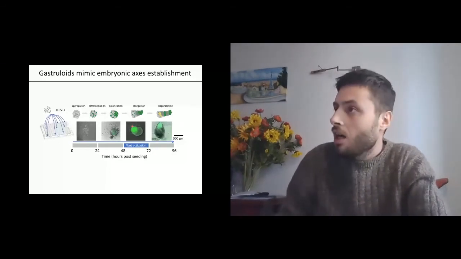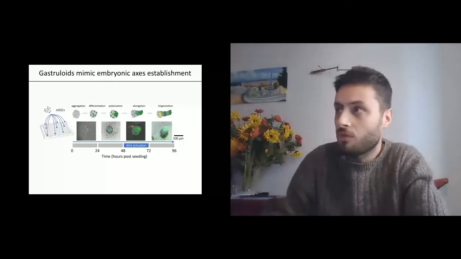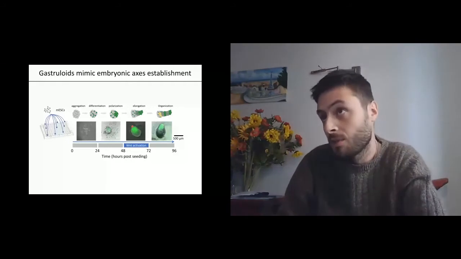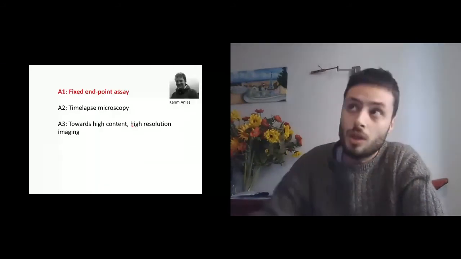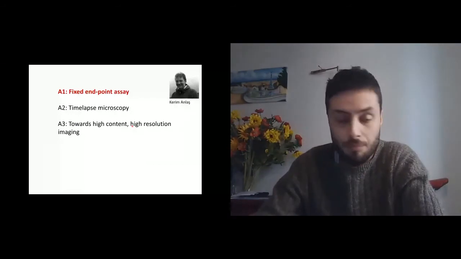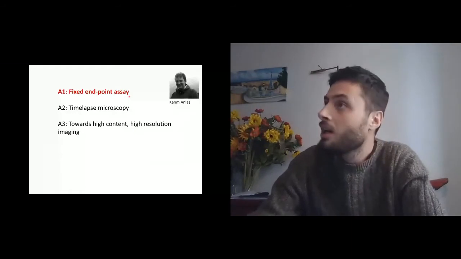I would like to give you three examples of how we use these systems to perform high content screening analysis. The first one is a fixed endpoint assay, which is mainly done by Karim, who is a PhD student in the lab.